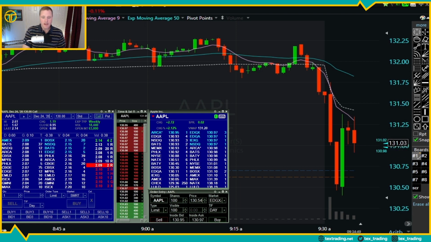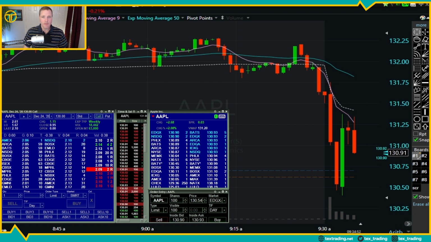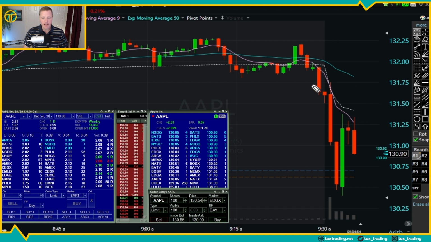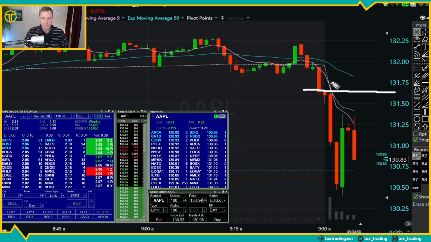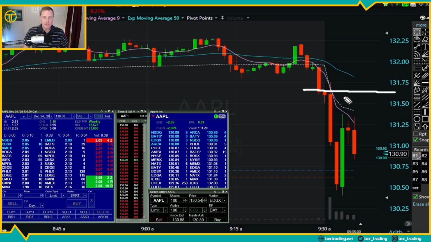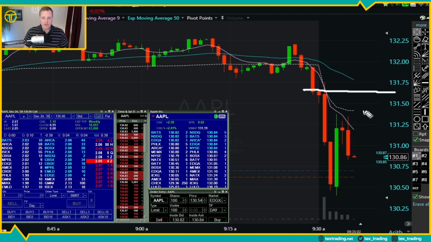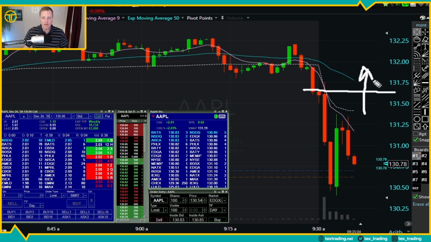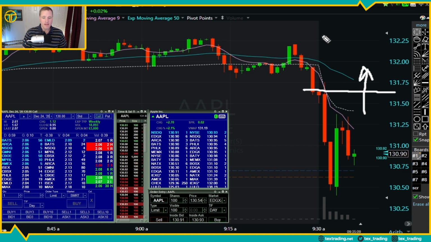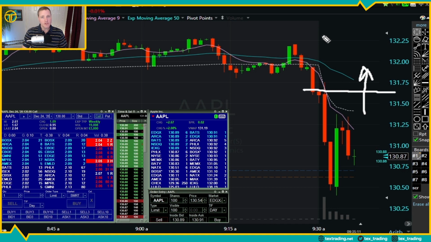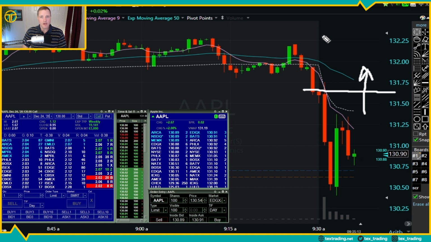Now, if I was trading a stock, traditionally the way people would trade an opening range breakout, you have your opening price here and the initial opening high right above that, right? So a traditional opening range breakout is to see price break above that opening price, and then that opening high there, basically going from red to green on the day. That would be the trigger traditionally to take an opening range breakout.